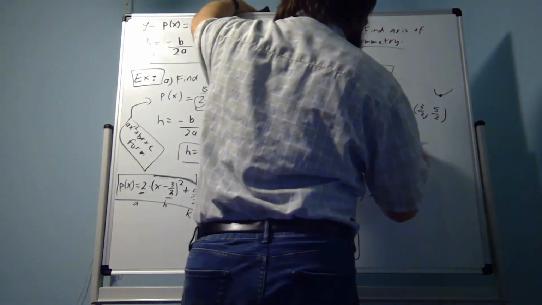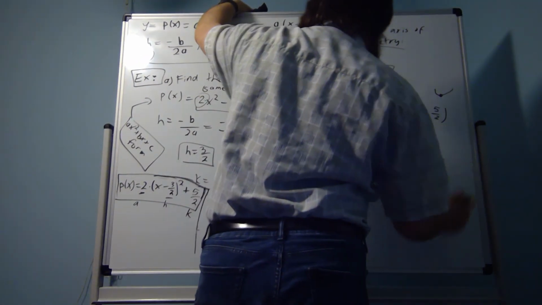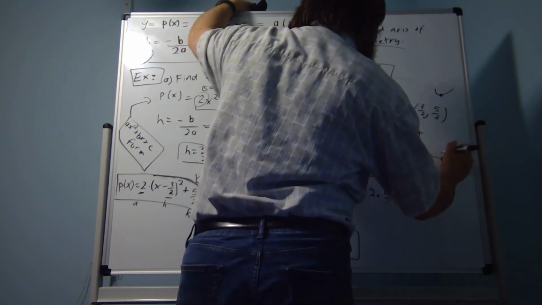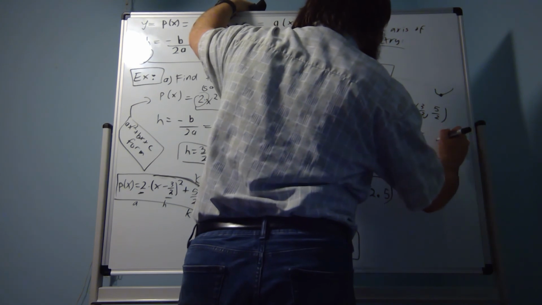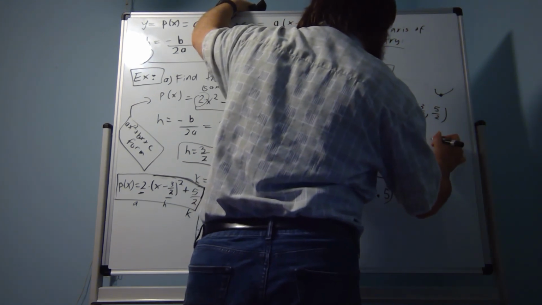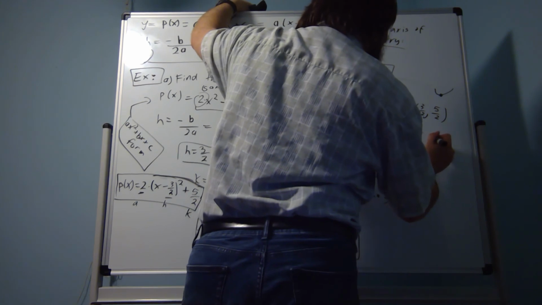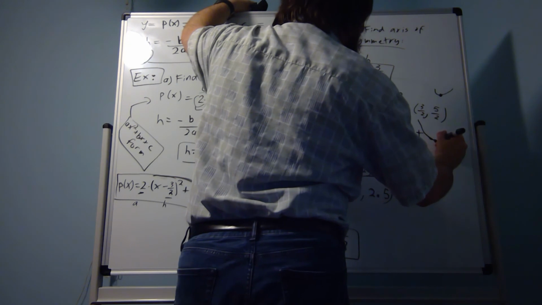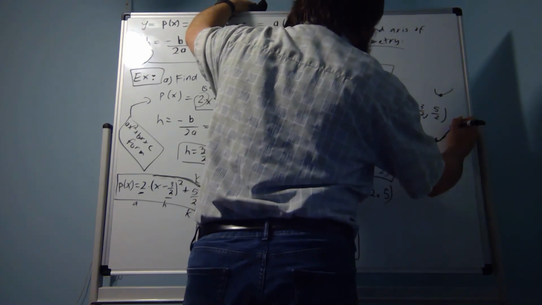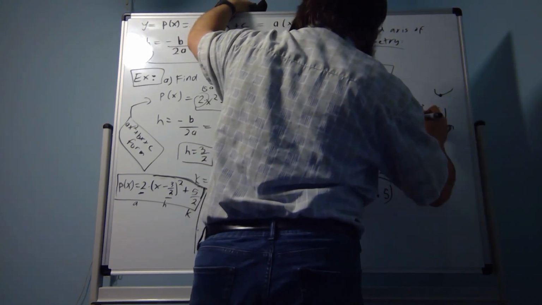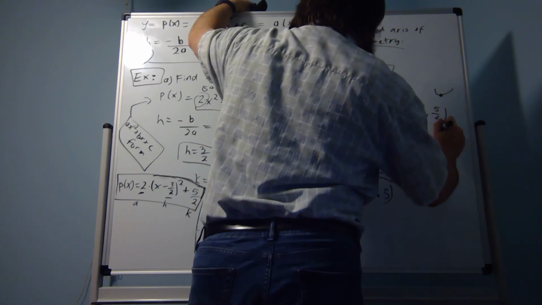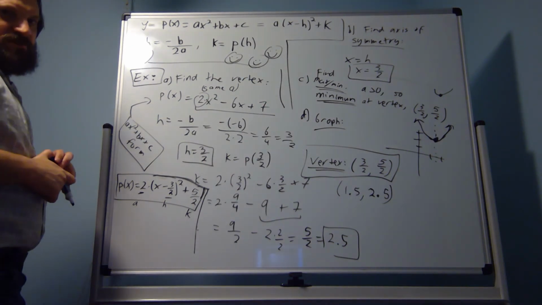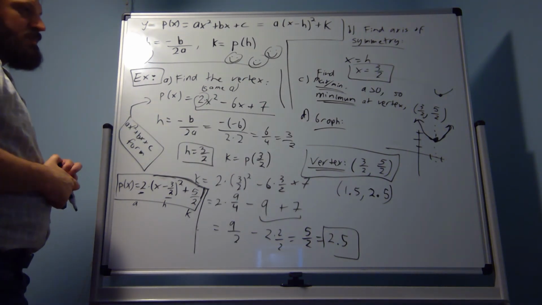All right, so here's 3 halves, here's 5 halves, and here's its opening upwards. If you really wanted it to be nicer, then sure, this should go all the way up to something like this. If it's a multiple choice problem, then by far what we've done so far is already enough to identify what we're looking for.